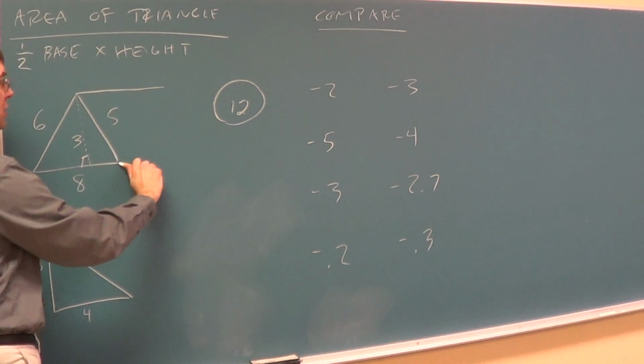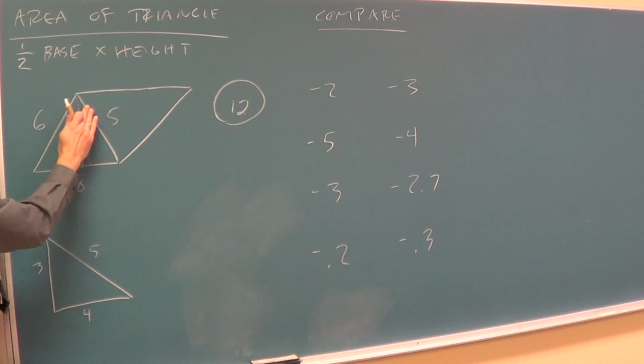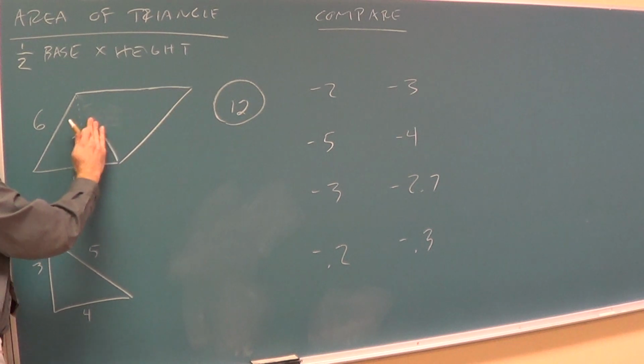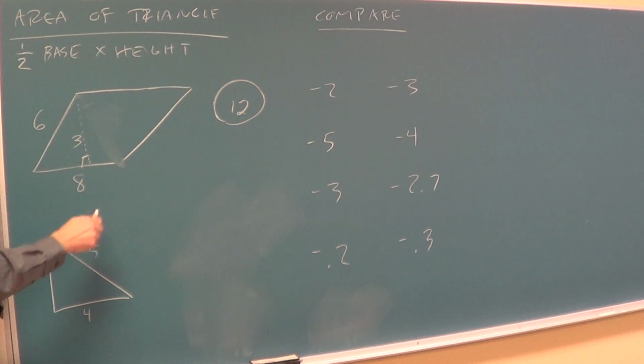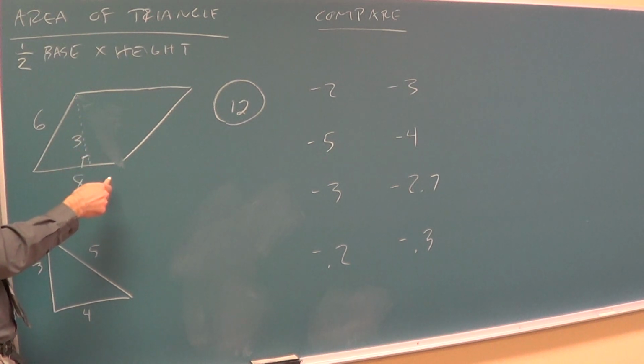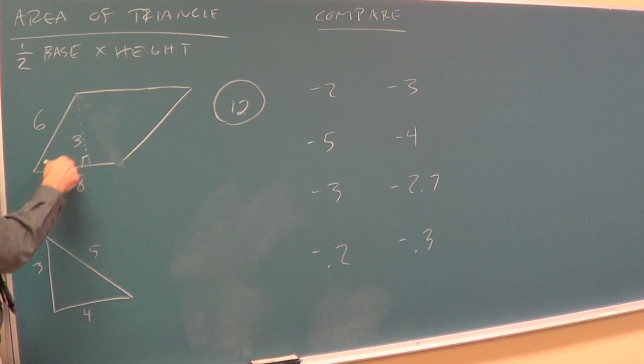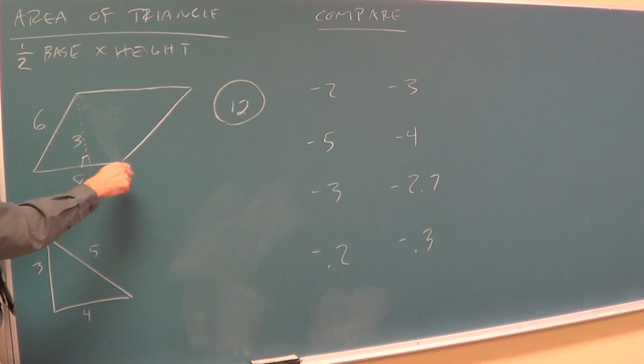If I grew this shape up into being a parallelogram, and I take this away, what would we do for the area of this parallelogram? Who times who? 8 times who? 3.